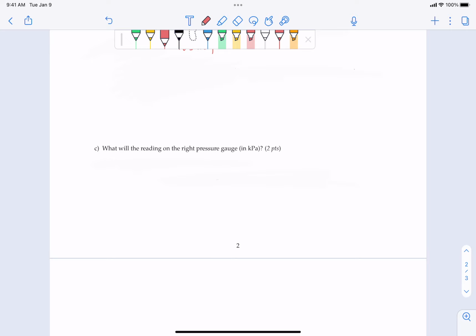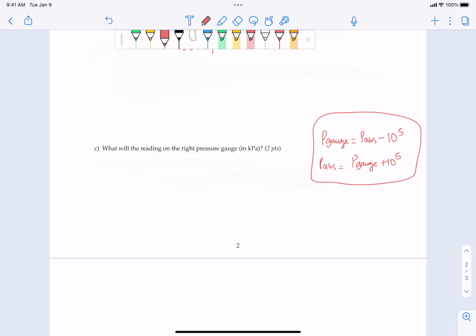Darn. Yeah, so for gauge pressure, you take the absolute minus 10 to the 5th to get your gauge. So P gauge is equal to P absolute minus 10 to the 5th. And then P absolute is equal to P gauge plus 10 to the 5th, right? So just adding 10 to the 5th. And these are two really important equations to know.